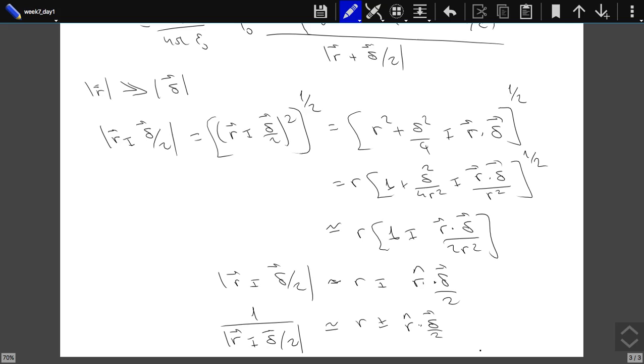The difference between this expression and this expression is that here, if I take the plus sign over here, I get the plus sign over here. In this one, if I take the plus sign over here, I get the minus sign over there. So these expressions look very similar, but they are different.